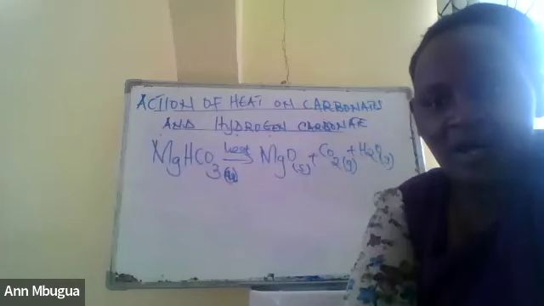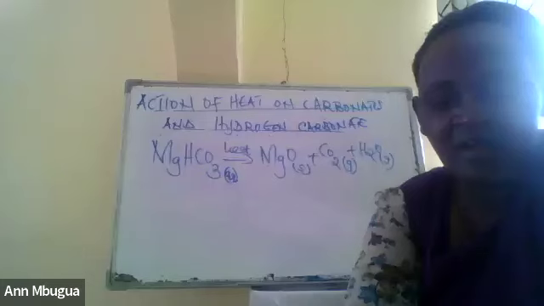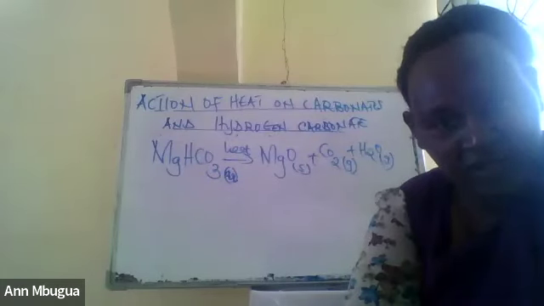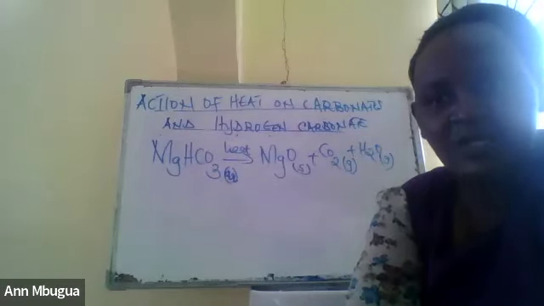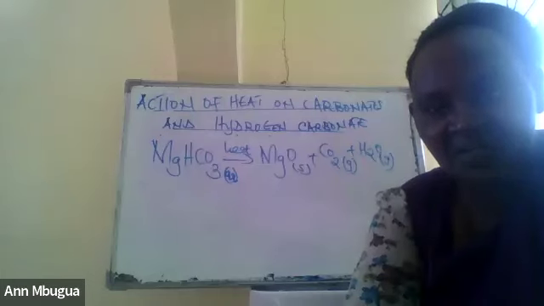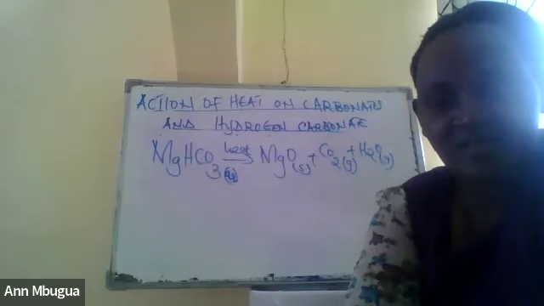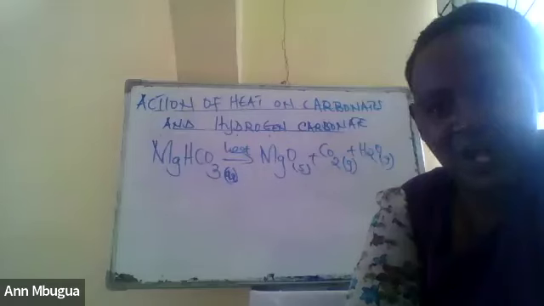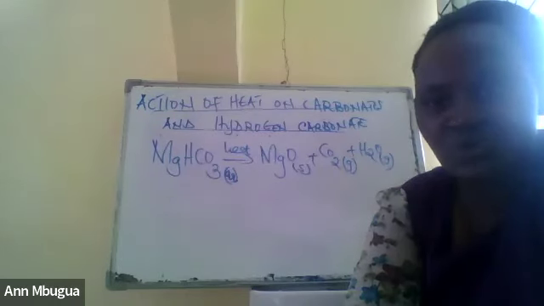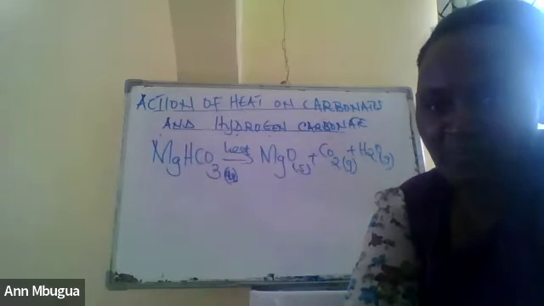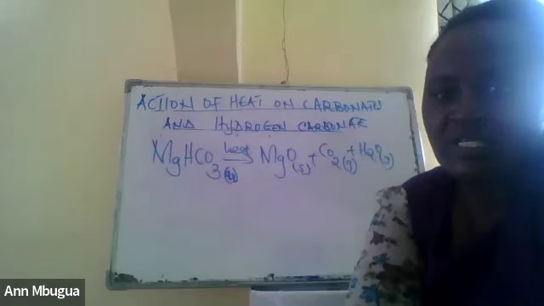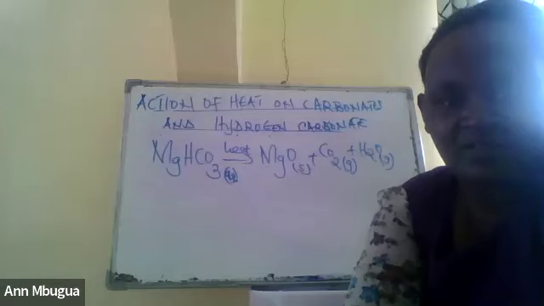So if moist red and blue litmus papers are introduced to the boiling tube where ammonium carbonate is being heated, we expect some color changes. The red litmus paper changes to blue, while the moist blue litmus paper remains blue.